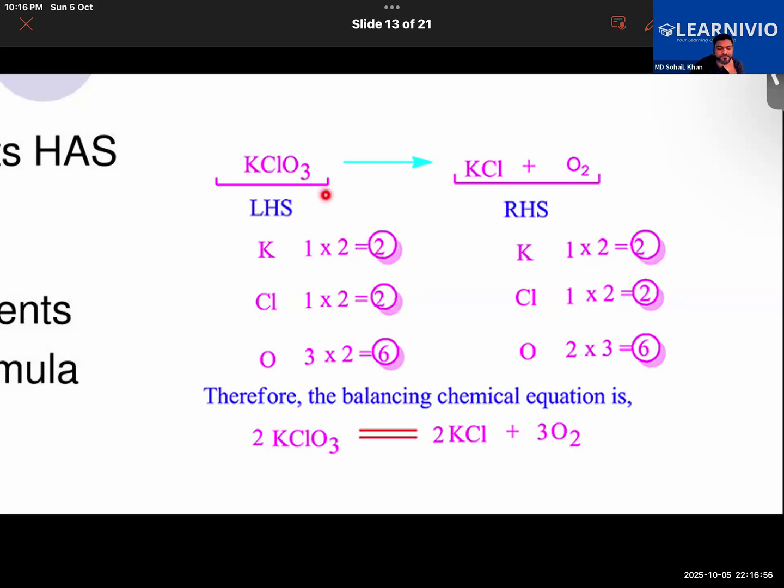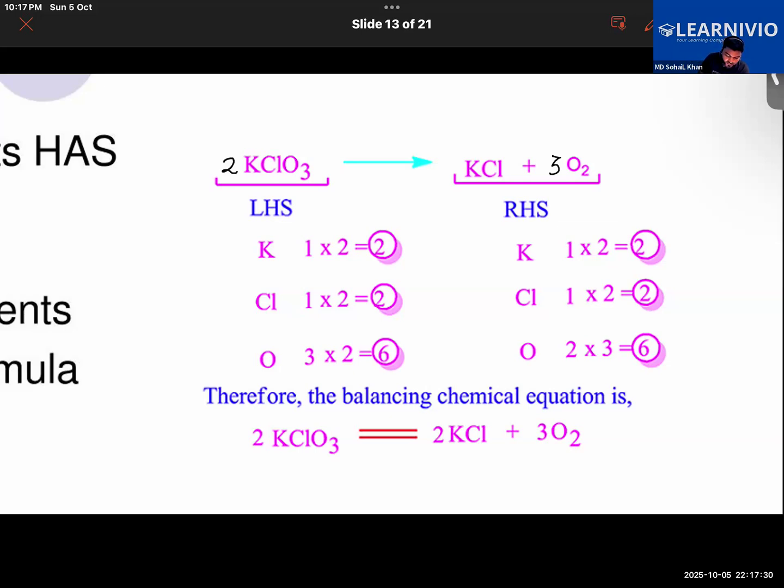There you multiply it with 2 that gives you 6, and over there you are supposed to multiply it with 3 to get 6. That is balanced. Now why do we have to multiply it with 2? Good question. Here you multiplied oxygen with two. There were three oxygen atoms. As you're multiplying here, you will have to put the coefficient here as two now, right?